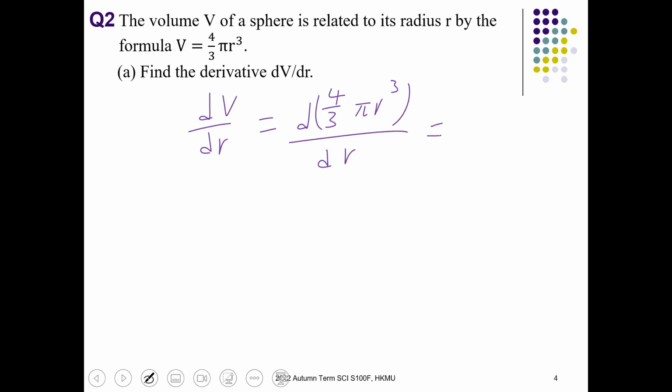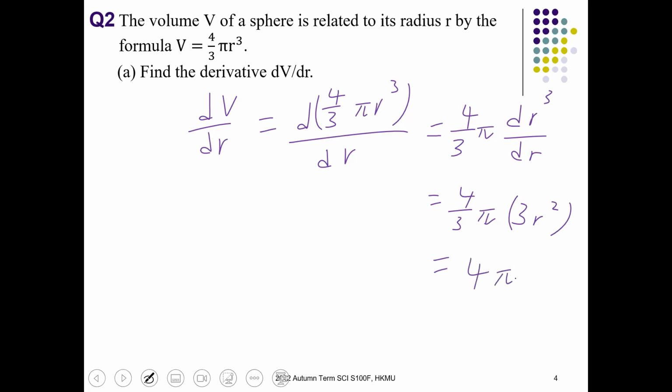Again, only r is the variable, so we just take the constant out of the first derivative. Constant remains a constant for all the steps. The first derivative of the cubic of r is 3r squared. If we simplify the fractions, we have 4 pi r squared.